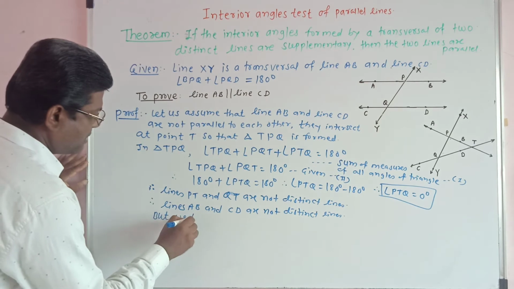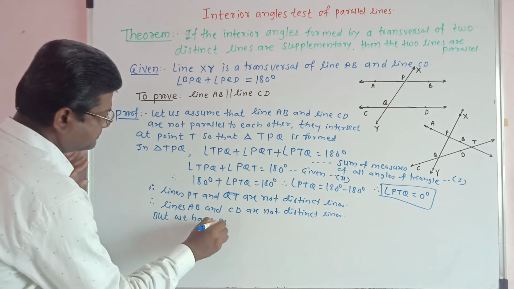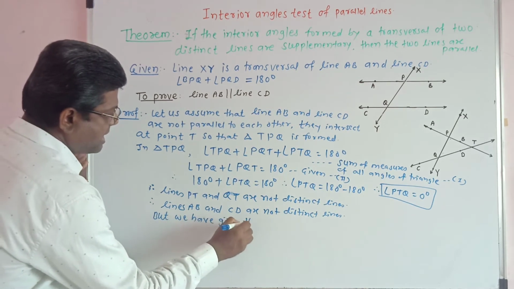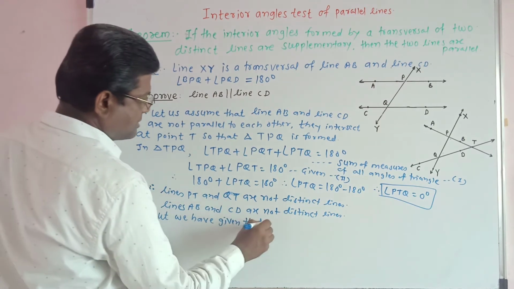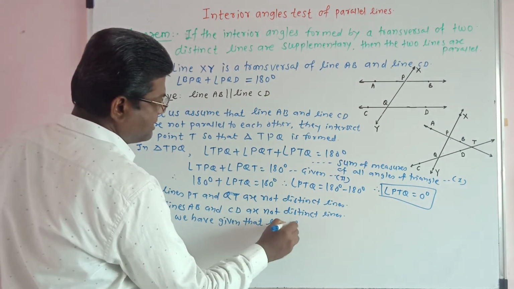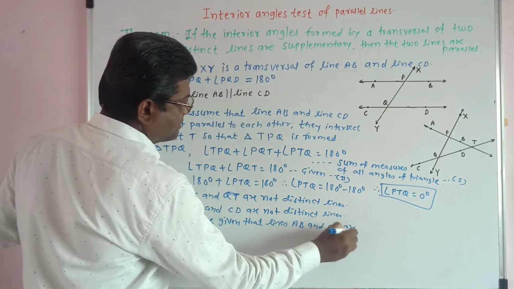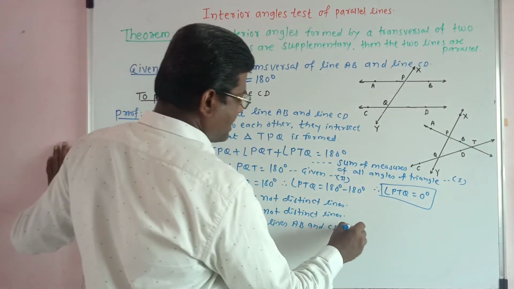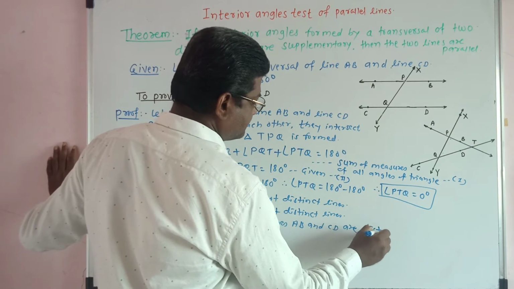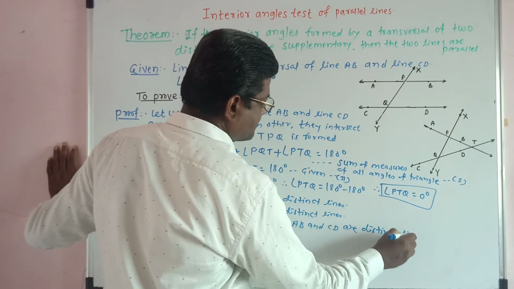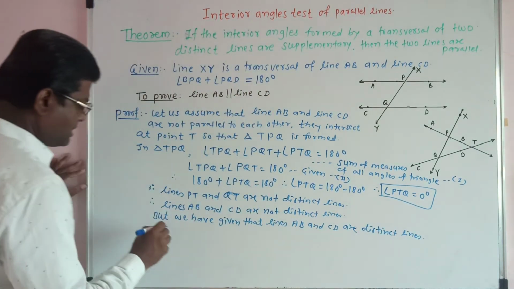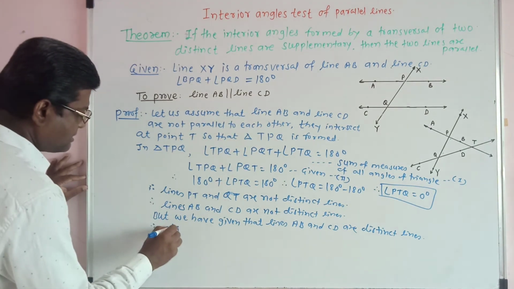but we have been given that lines AB and CD are distinct lines, therefore this is a contradiction.